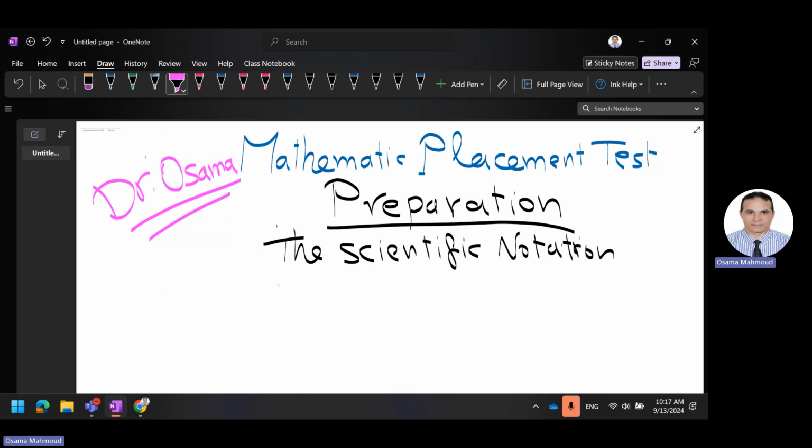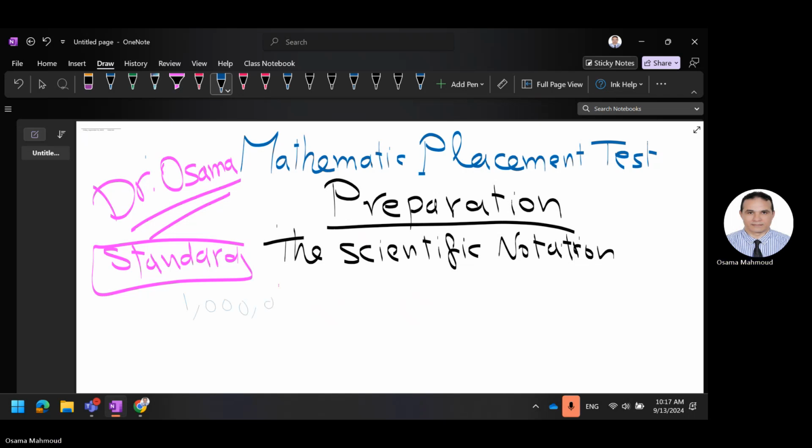Normally we write the standard notation. We use a standard notation most of the time. Like what? If you write 1 million, you write it like this. Okay. And instead of this one, it's easy to write it 1 times 10 to the power 6, right? Sometimes this is a big number, so the power up here will be positive.